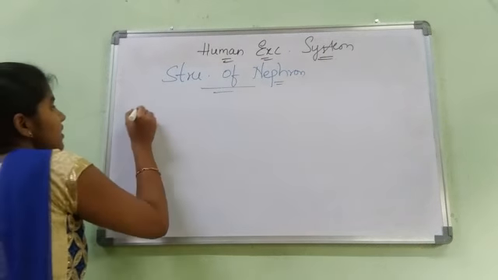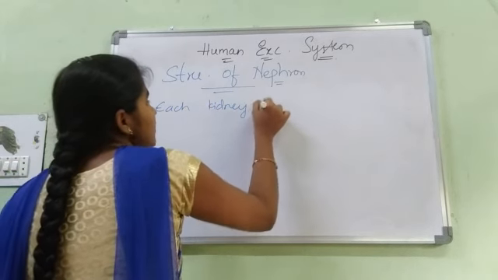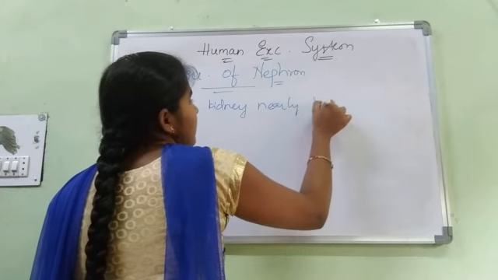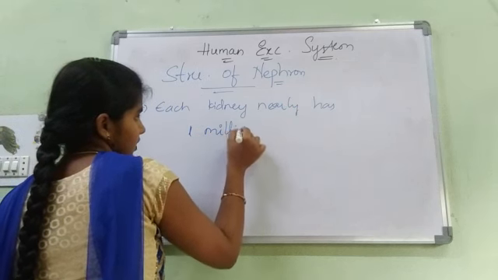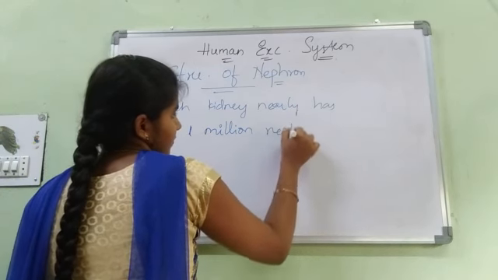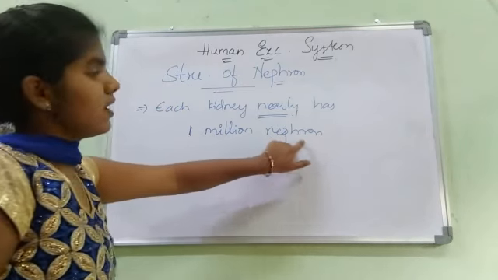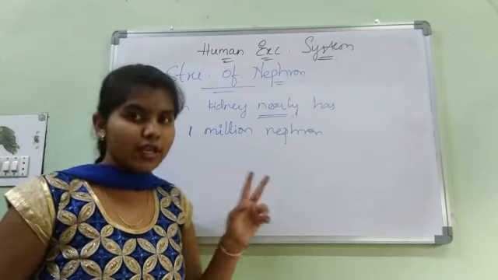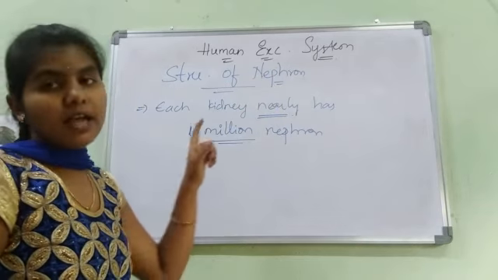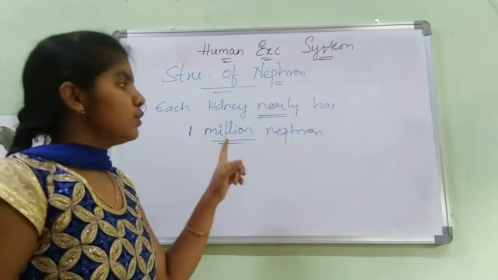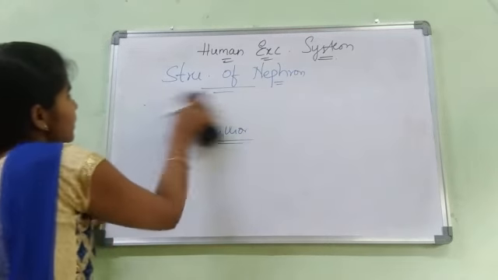Each kidney has nearly 1 million nephrons, not an exact number, meaning we have 2 kidneys and 2 million nephrons. Now this nephron is again divided into 2 parts.